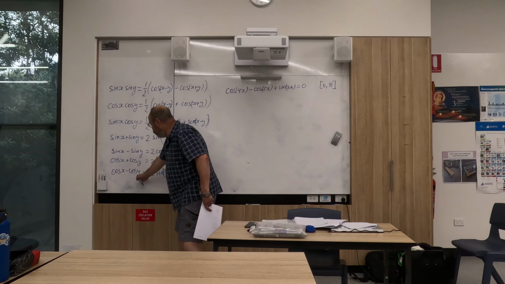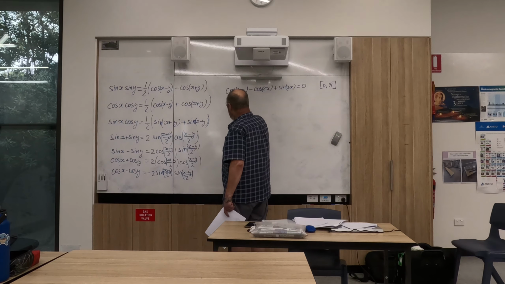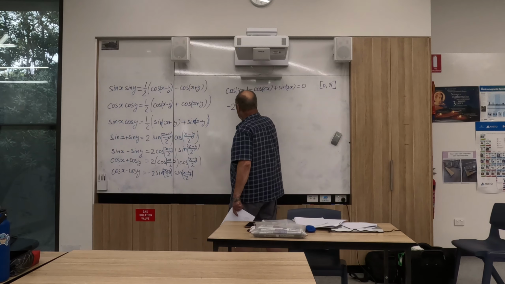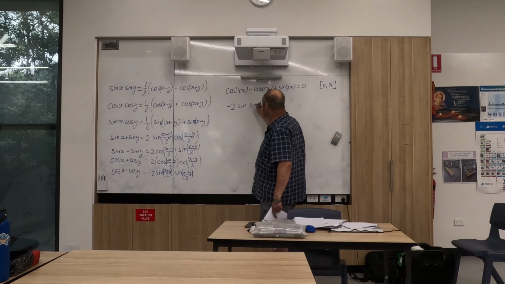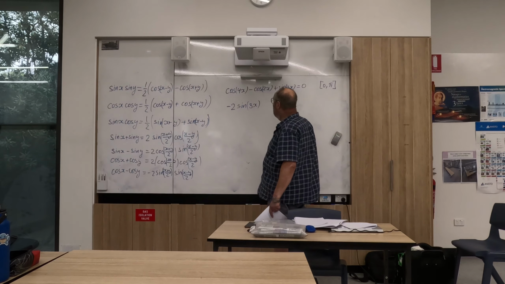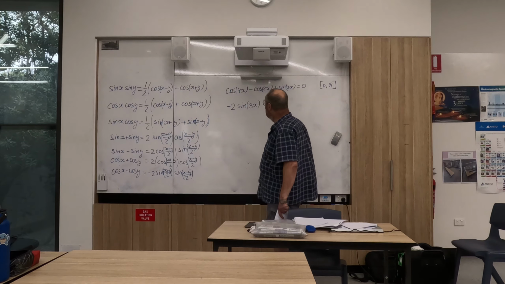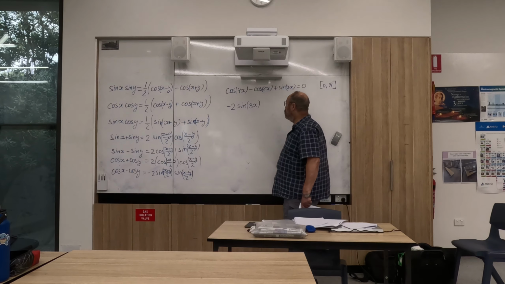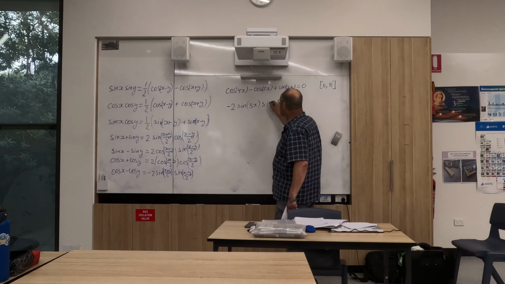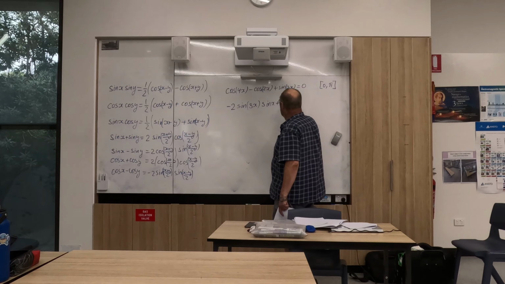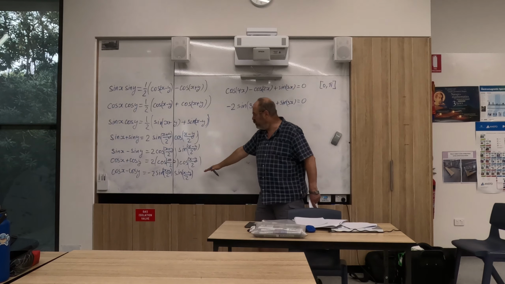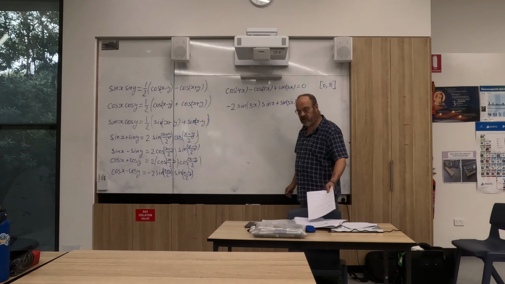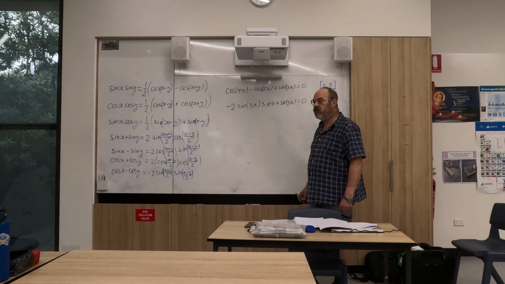So you will have negative 2 sine of (4x plus 2x) over 2, which is sine 3x, and times sine of (x minus y), 4x minus 2x divided by 2, so times sine x, plus sine 3x equals 0. Make sense what I did? I just applied the formula of the difference of two cosines. What should be our next step to solve the equation?